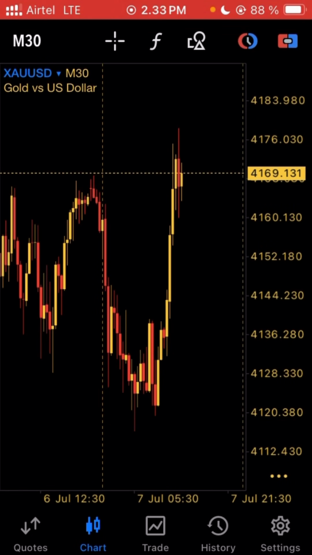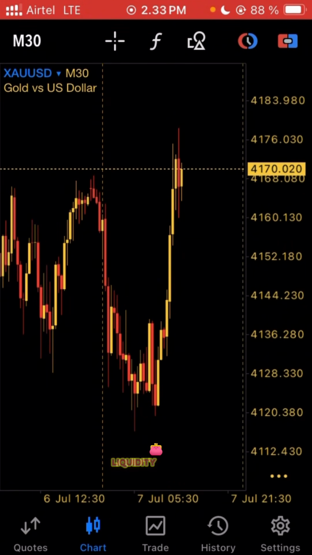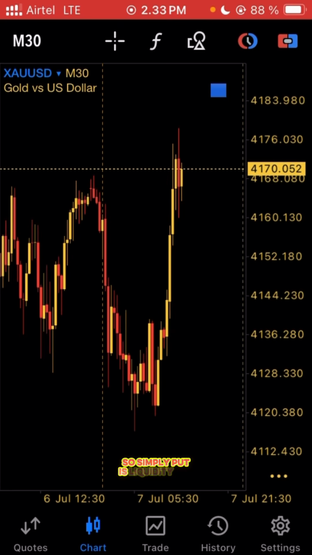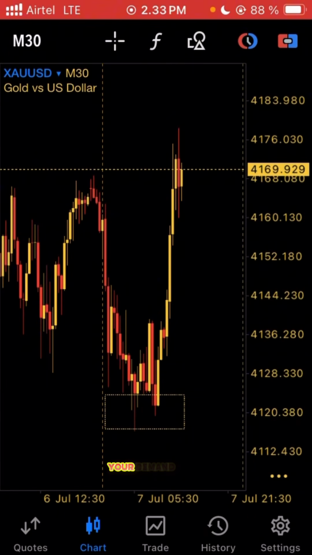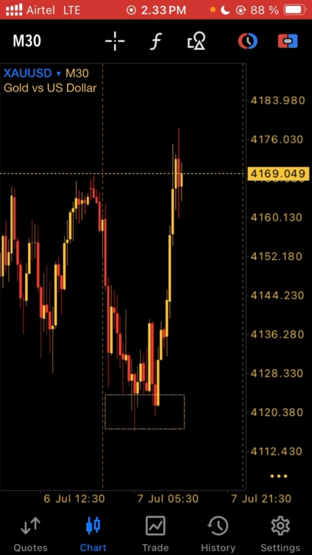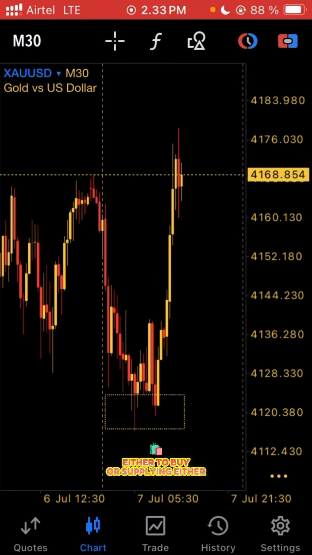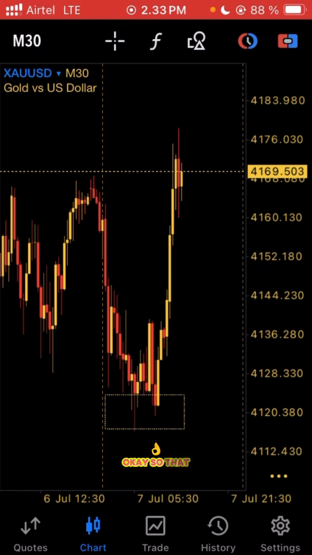Now, first thing, what is liquidity? Liquidity is where the money is, right? So simply put, liquidity are areas in the chart where the institutions are demanding either to buy or supplying either to sell. Okay, so that is where the money is.